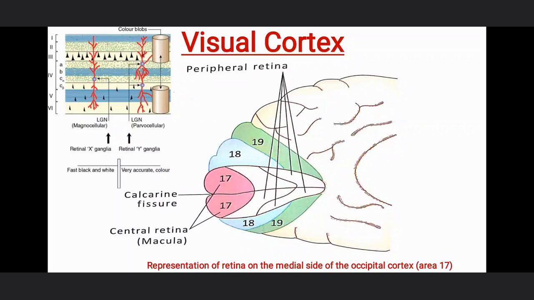The peripheral part of the retina is represented in the anterior part of the visual cortex along the calcarine fissure. Lower retina is mapped below the calcarine fissure, and upper retina above it. So primary visual area 17 is concerned with the perception of visual impulses.